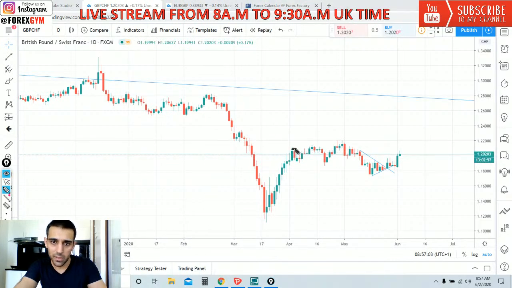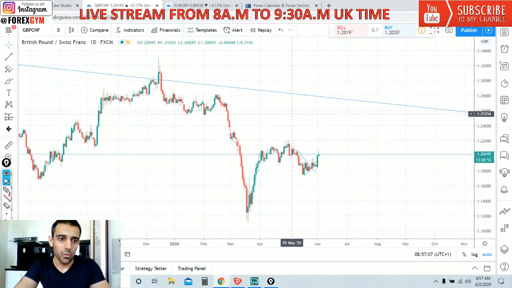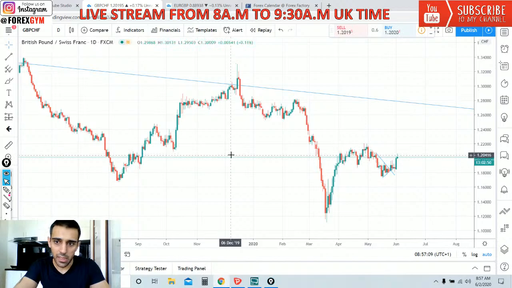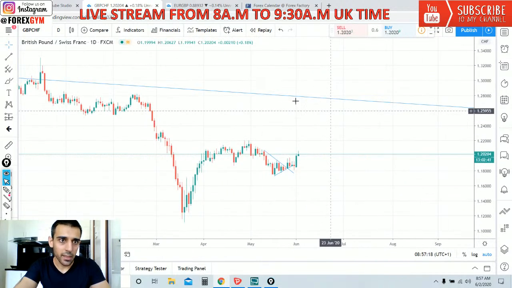So the main resistance level, it hasn't taken out that one. However, on the Euro GBP price did manage to take out that low, but it hasn't done it on the British pound Swiss franc. So that's another.